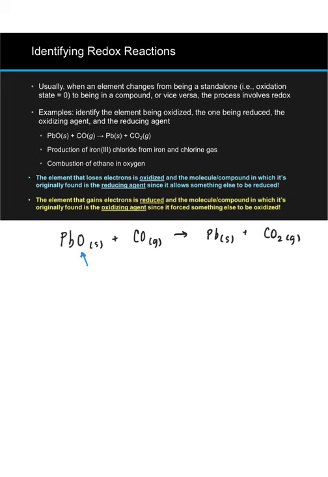In lead(II) oxide, the most electronegative element is oxygen, and oxygen likes to have a 2- oxidation state. Lead, therefore, must have a 2+ oxidation state in this compound. In carbon monoxide, the most electronegative element is oxygen. It prefers 2-.